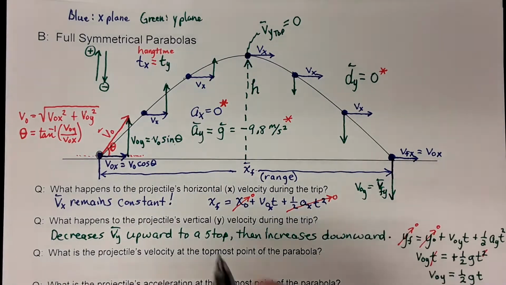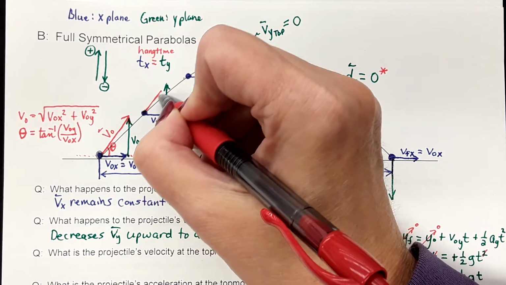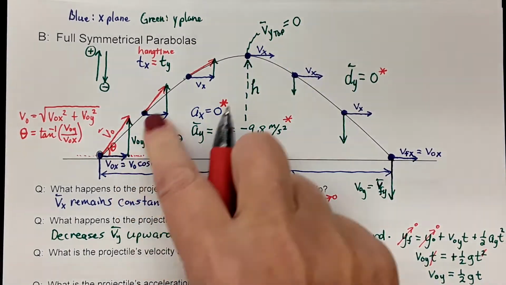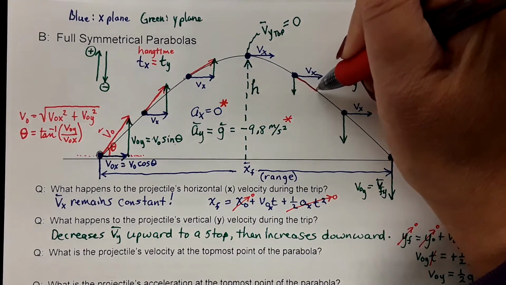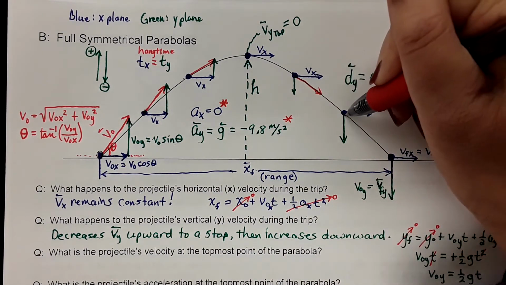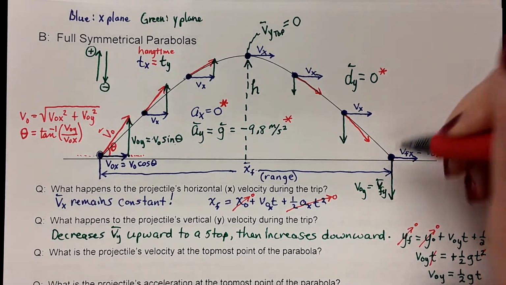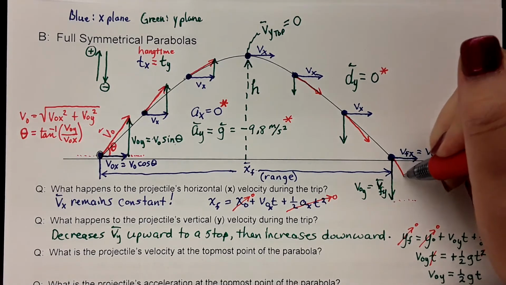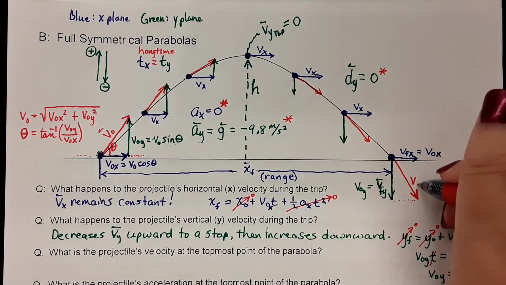And at every point, the resultant velocity is the sum of both of these. And it changes magnitude and direction as the ball travels along the parabola. In fact, if we put these two tip to tail, we'd get a final velocity that looks like this.